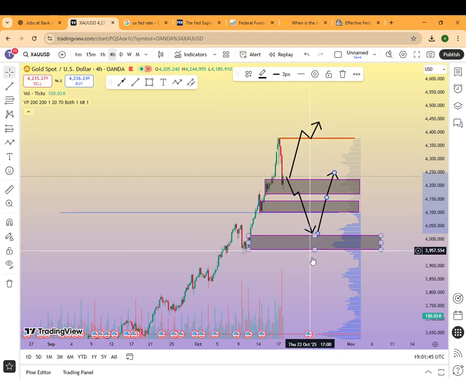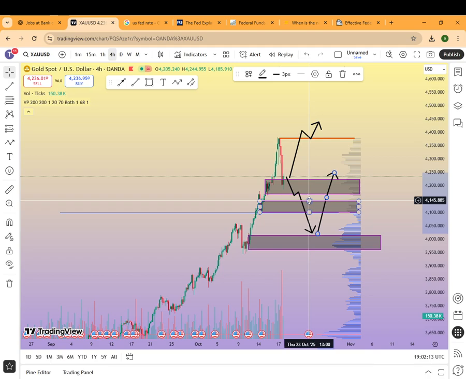If that zone holds, gold may launch another rally with a potential target of about 4500. If price breaks below this structure, then the confirmation will be volume. We want volume backing breakouts or breakdowns. We could see a deeper retreat.